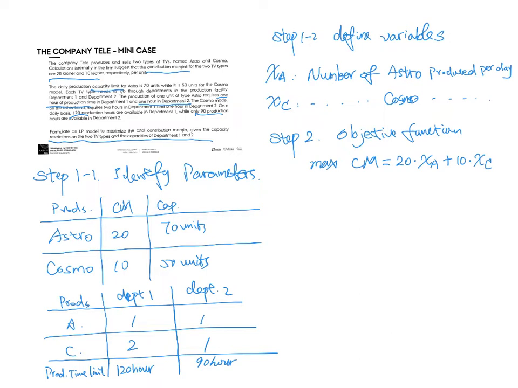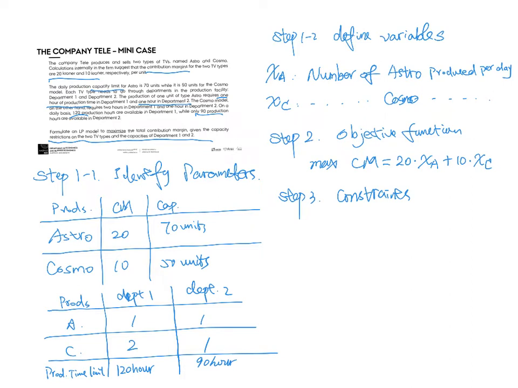So that's how you actually decide your objective function. Then next step, we can construct the constraints. So you can write construct constraints or just write constraints.